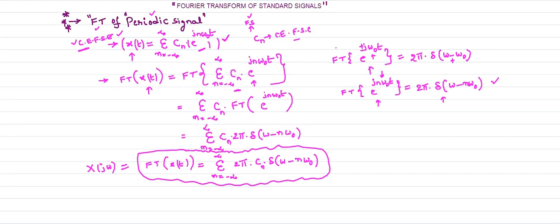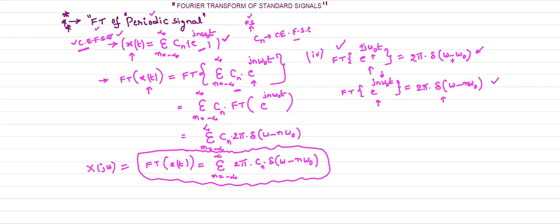Already you know the Fourier transform of the complex exponential signal. So this is the formula. This is the fourth property of the Fourier transform of standard signals in the sequence. You already know this property: 2 pi times delta of omega minus omega naught. How can you derive this one?